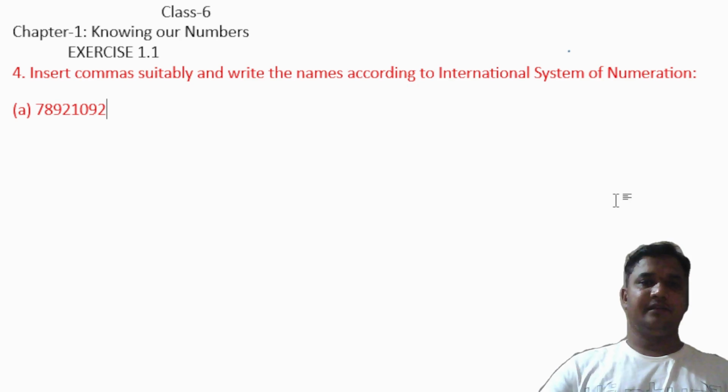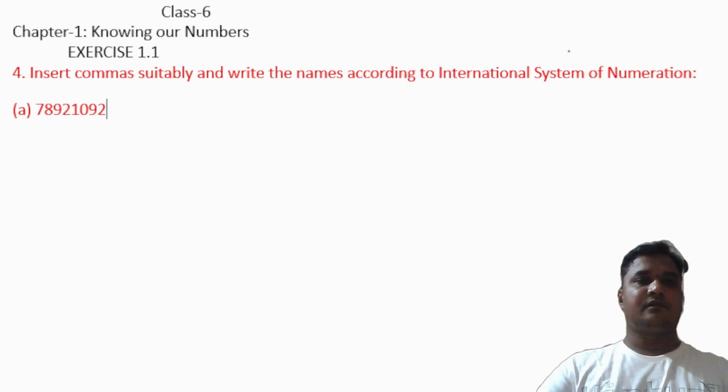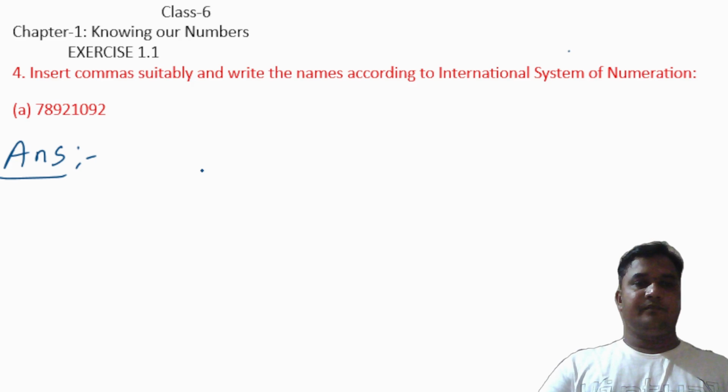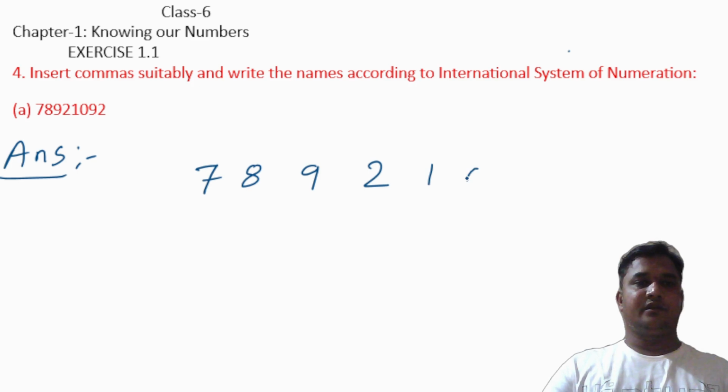So firstly, we'll understand, I'll write the given number 7 8 9 2 1 0 9 2.